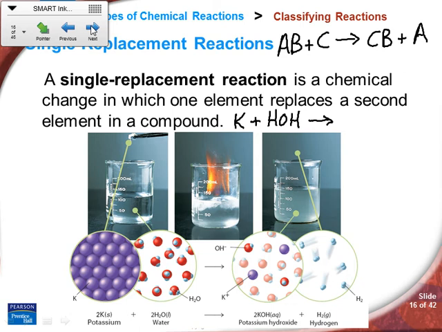And so then what do we end up with? KOH and H2, good. Hydrogen's going to be all right, right? Because it forms a diatomic molecule, so it's still not by itself. Happy ending for everybody, kind of.